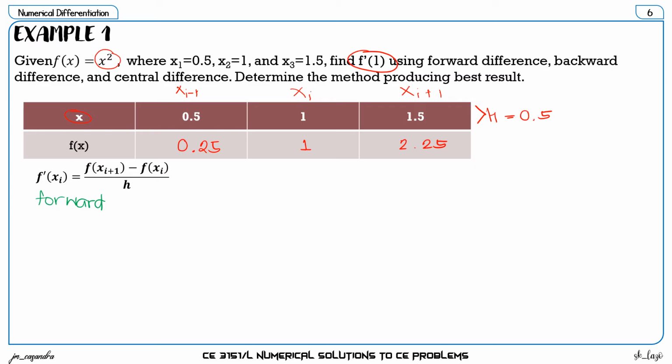We have the function of xi plus 1, where xi is 1, so f of xi plus 1 is equal to 2.25, minus the function of xi, which is 1, over the value of h equal to 0.5. This will give us a derivative at x equal to 1 of 2.5.